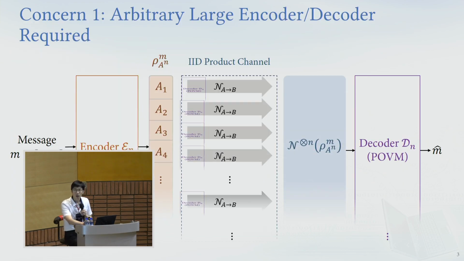First, their result is an asymptotic result, meaning that it holds in the limit of n going to infinity. So essentially, they require an infinitely large encoder or infinitely large decoder, which is quite hard in practice.